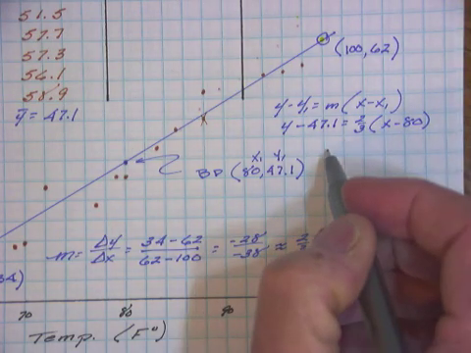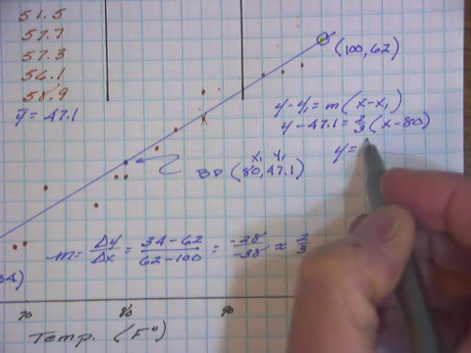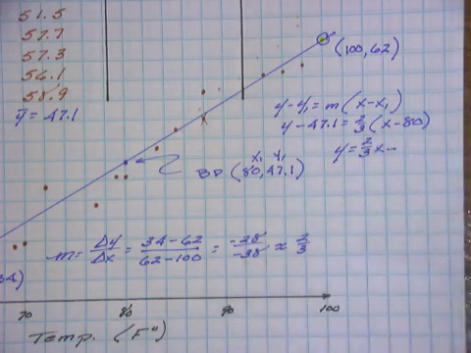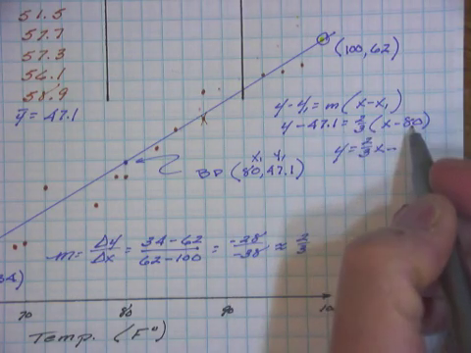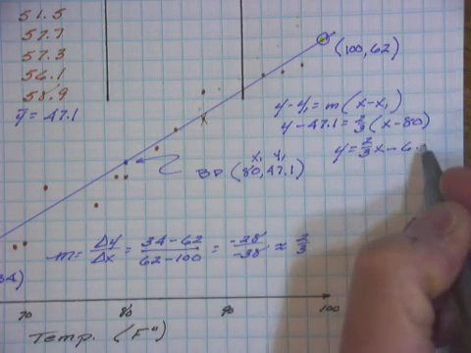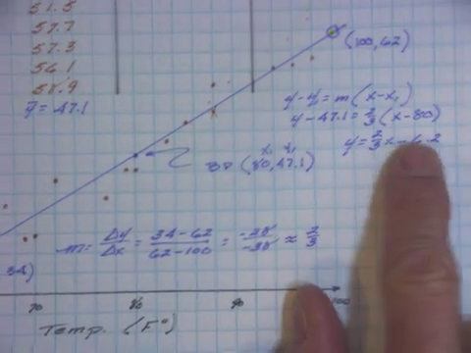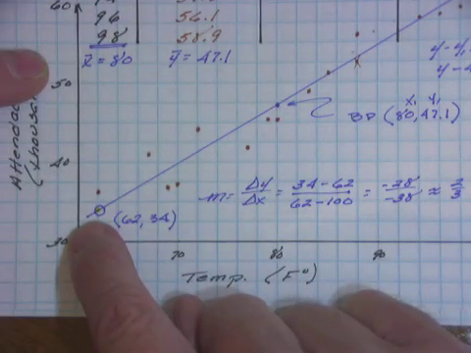And there's the equation in point slope form. I'm going to take that and convert it to slope intercept form. So I'm going to distribute the 2/3 and add 47.1 to both sides. And I get y equals 2/3 x minus, well, 2/3 times 80, add 47.1, we'll call it about 6.2. Okay? So there we go.